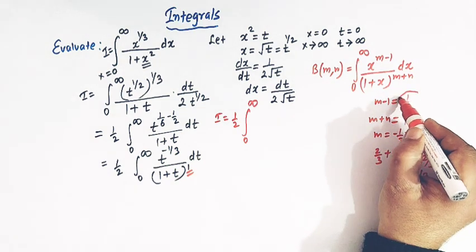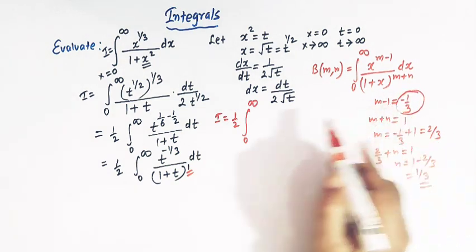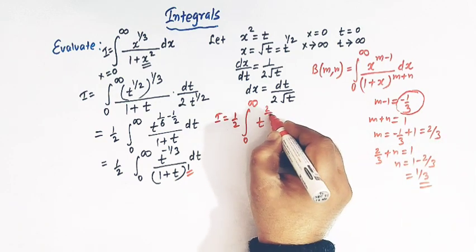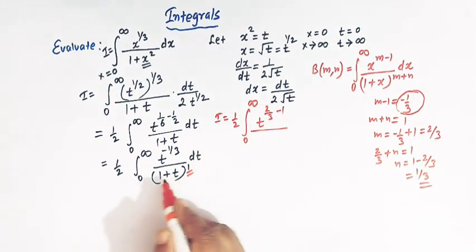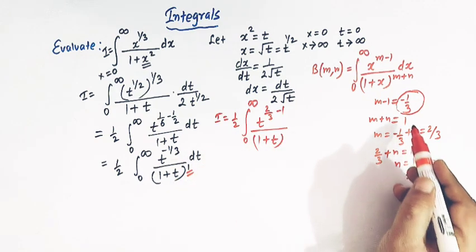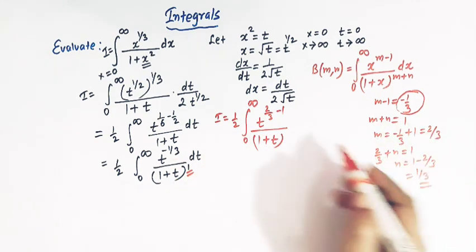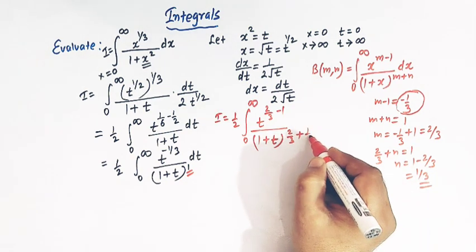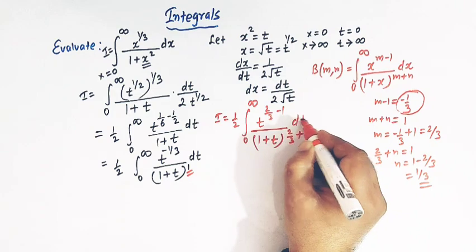Now see, minus 1 by 3 can be written as m minus 1. So m is 2 by 3. So we can write 2 by 3 minus 1. And here we have 1 plus t raised to 1. 1 is equal to m plus n, that is 2 by 3 plus 1 by 3, right? And here we have dt.